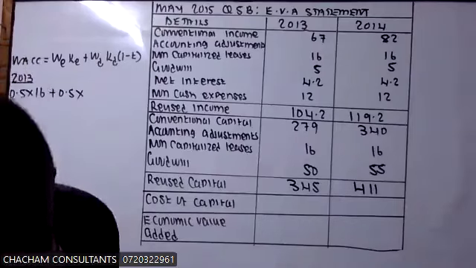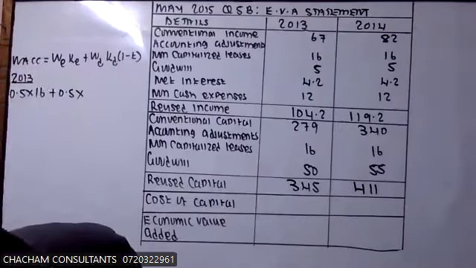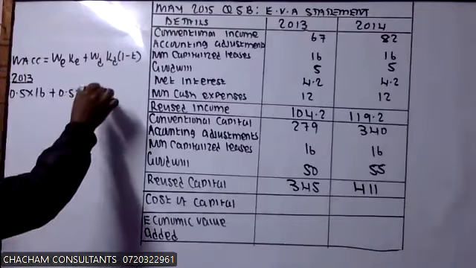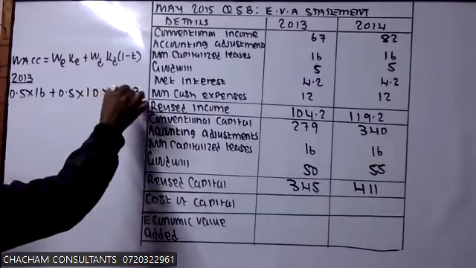The cost of debt mentioned in information 4 is 10% times 1 minus 0.3.